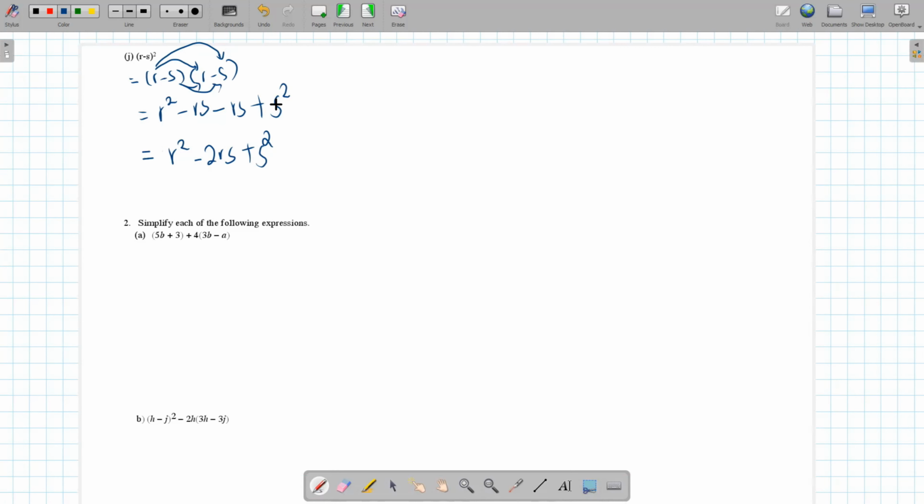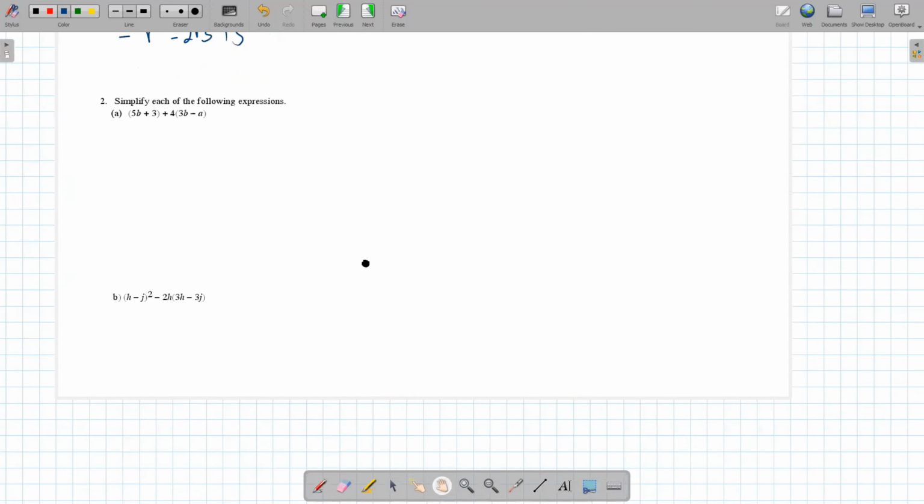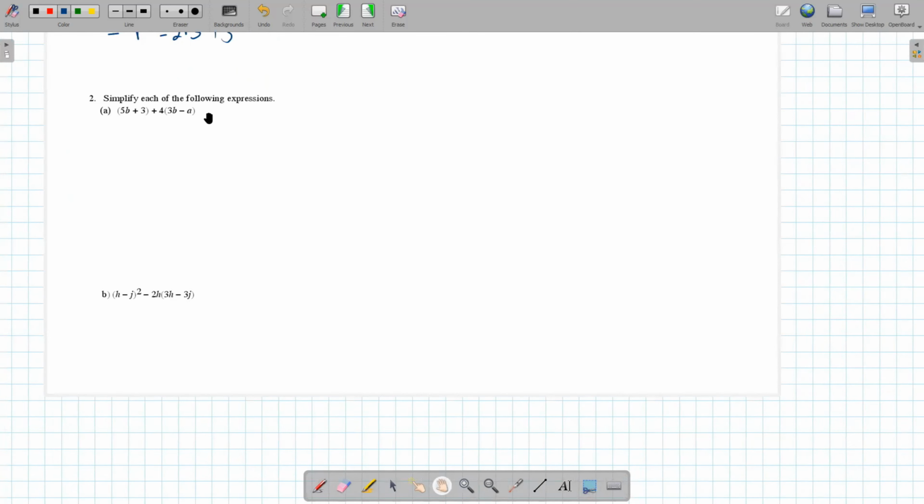Now let us try when you are asked to simplify algebraic expressions. How are we going to simplify it? Normally you will see that the question is kind of long-winded like this. Let us look at the question. For the first part, we don't need to do anything.